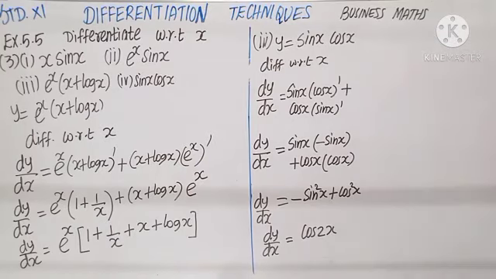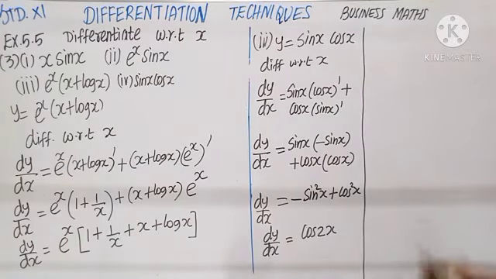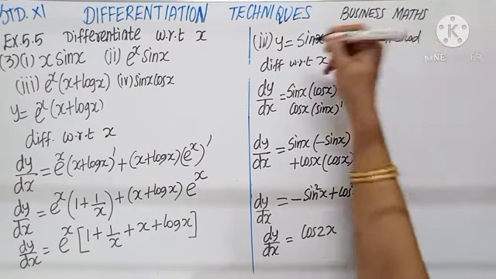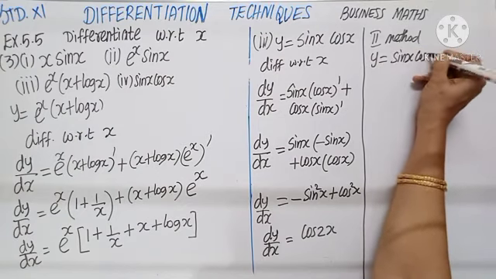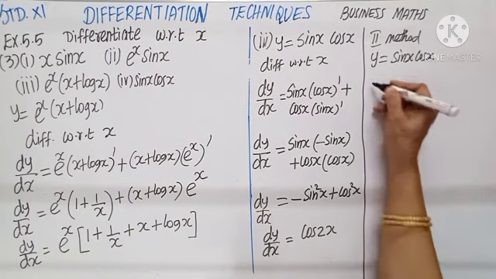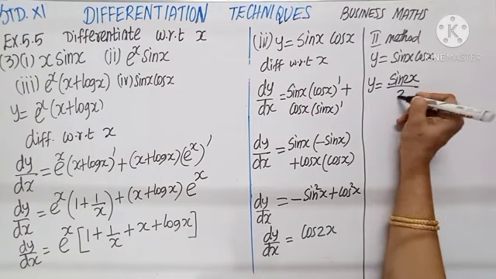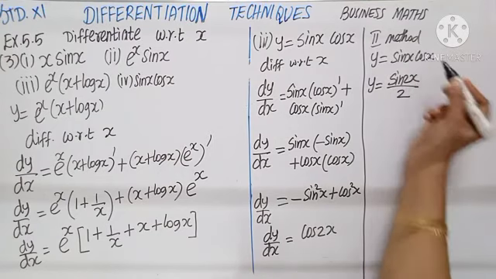This is the first method. The same problem we can do in a second method using a trigonometry formula in the first step. y equals sin x cos x can be rewritten as sin 2x by 2. Remember, sin 2x is 2 sin x cos x.